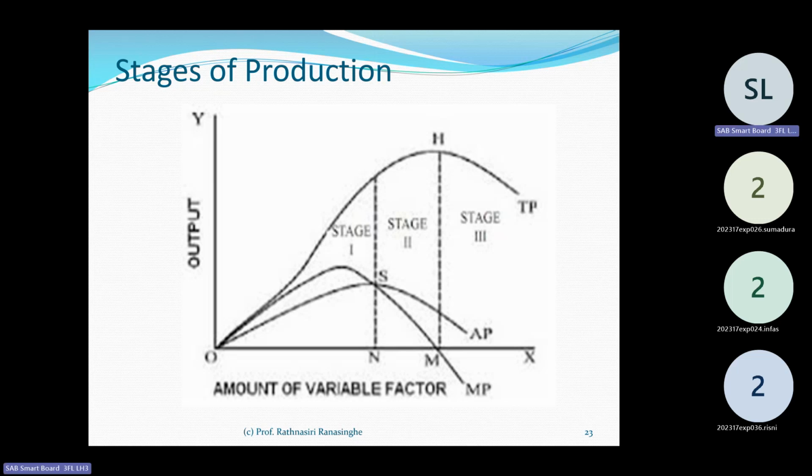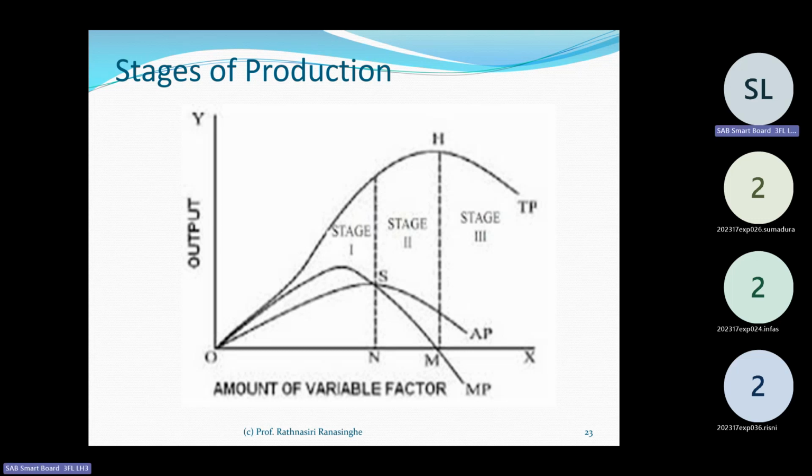So how many labor inputs do we incorporate in this production process in the short run, depending on the fixed capital? If you take stage 1, here 0 to N1 labor input is used.